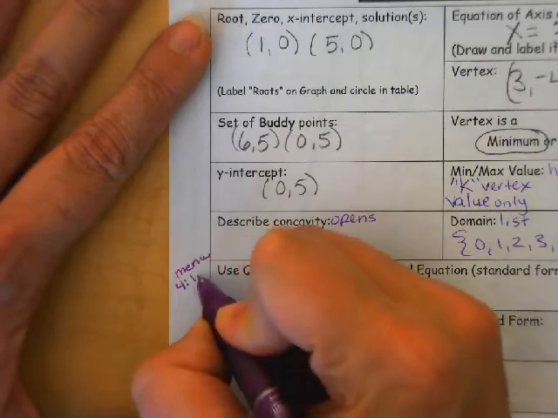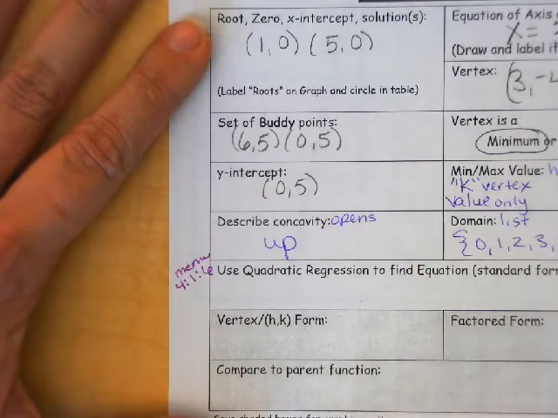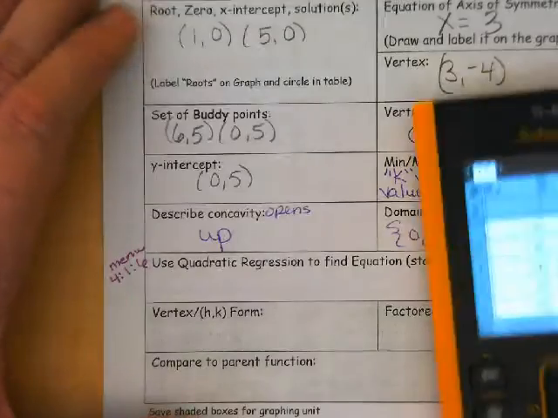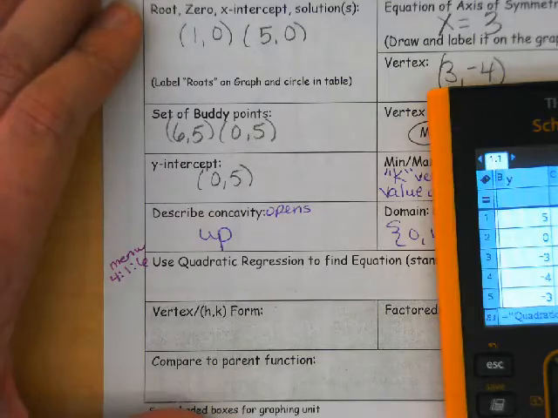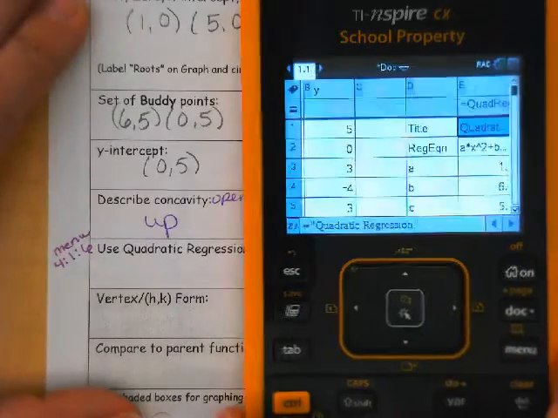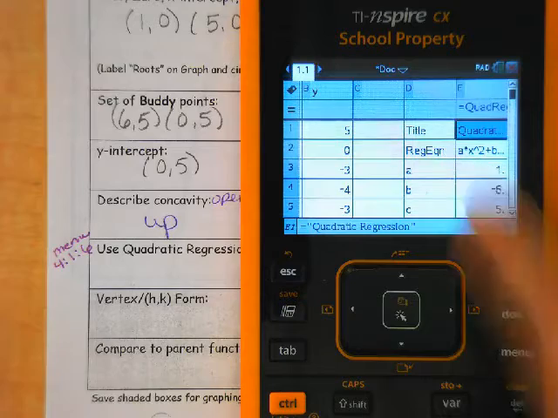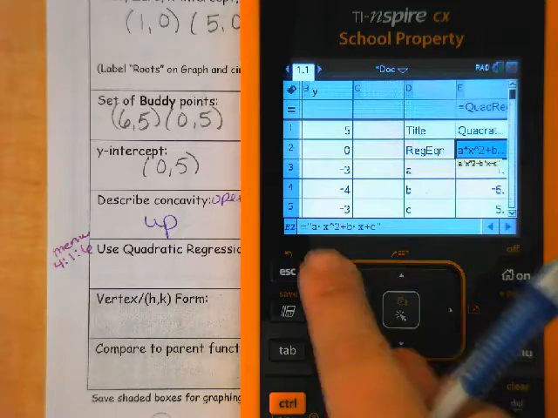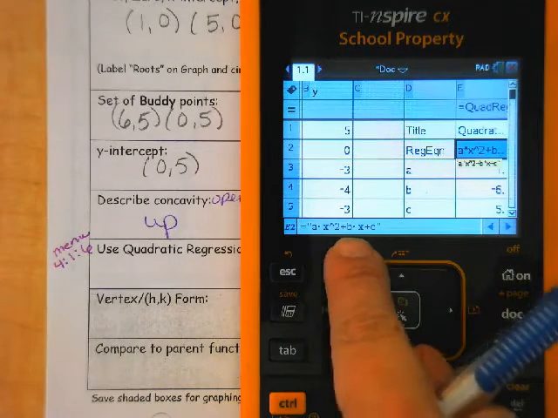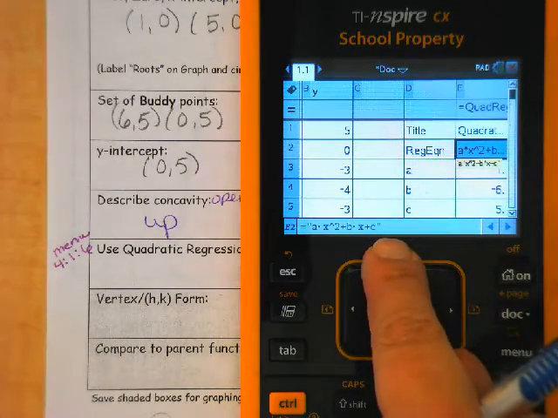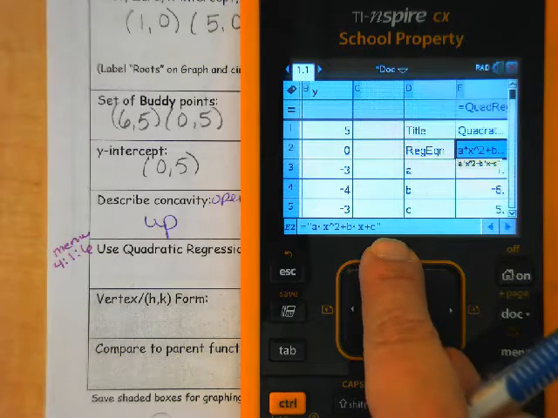Menu 4, 1, 6. If you look at your calculator, it's going to give us our A, our B, and our C. And if you look here, I'm going to highlight this. You can see it down here. AX squared plus BX plus C. That is the format that we write our quadratics in.